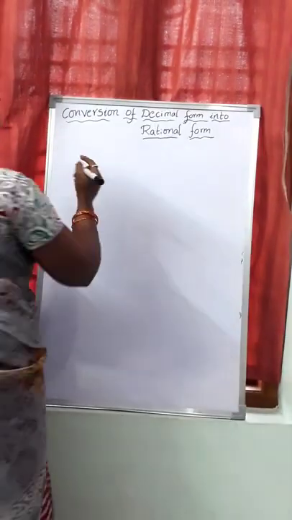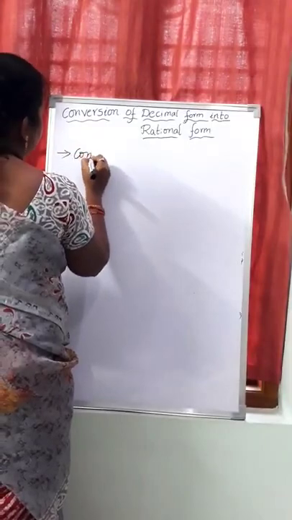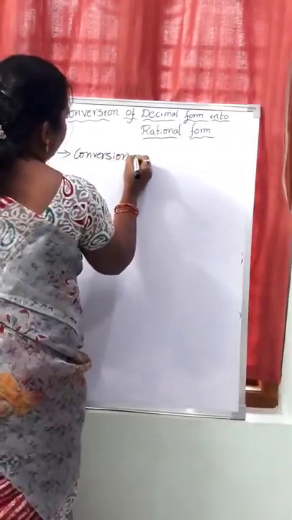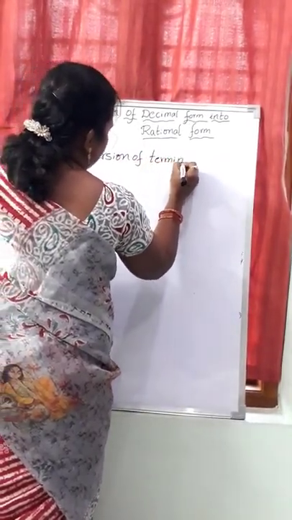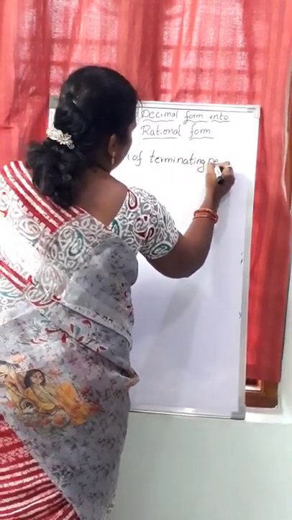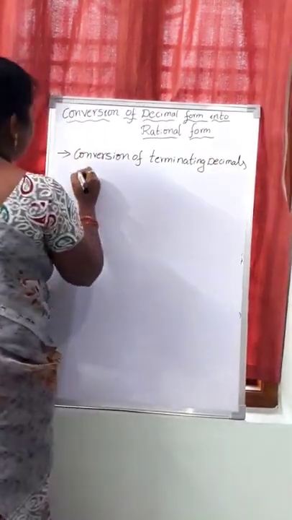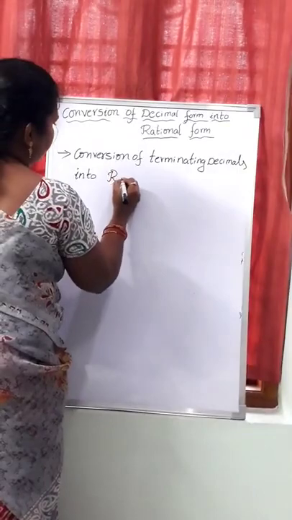Take one example. First, the conversion of terminating decimals into rational form.